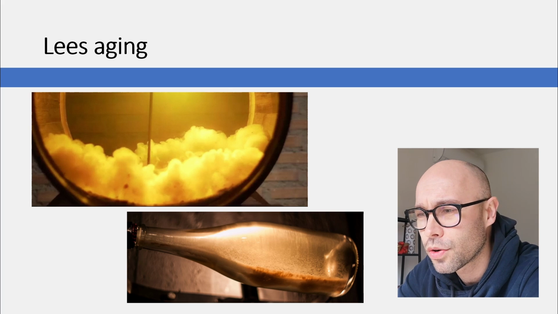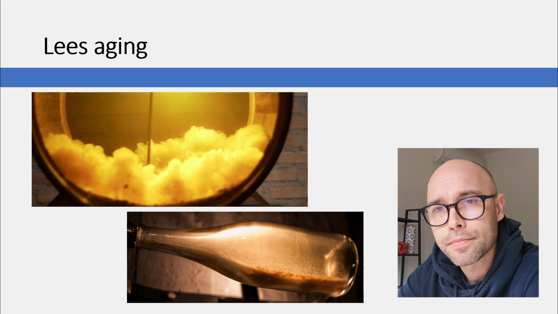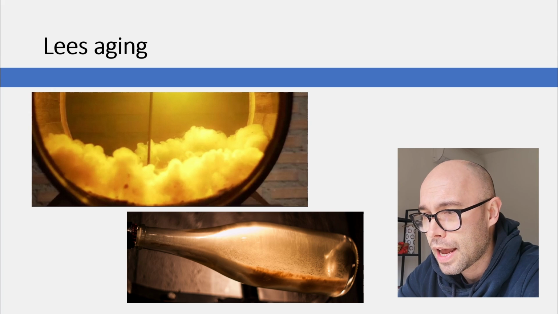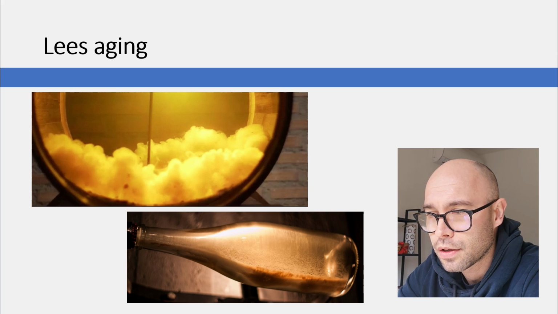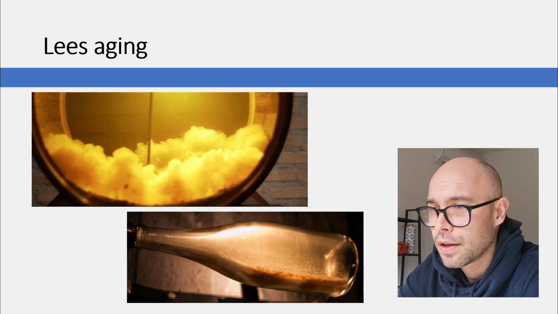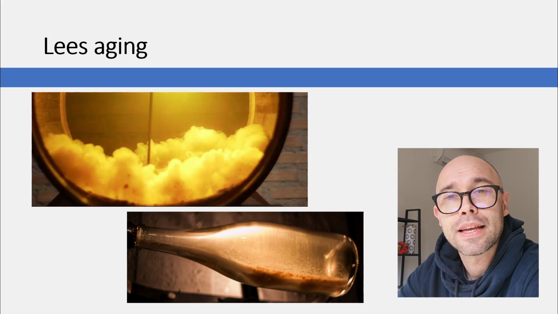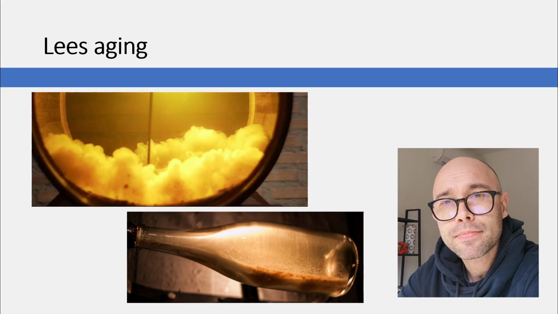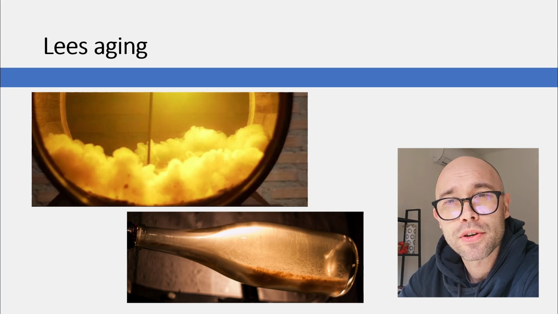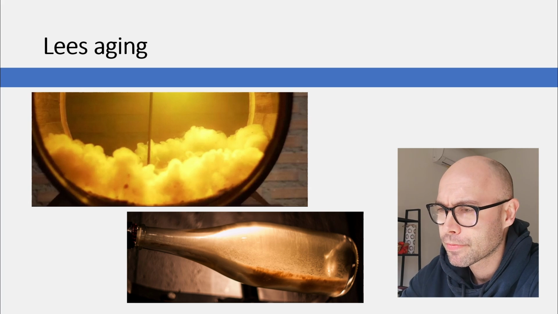Here in the picture you can see how this fine lees looks in a barrel, and also how it looks in the bottle. This fine lees creates leesy, biscuity, bready kinds of aromas that are very specific, for example, in champagne styles.